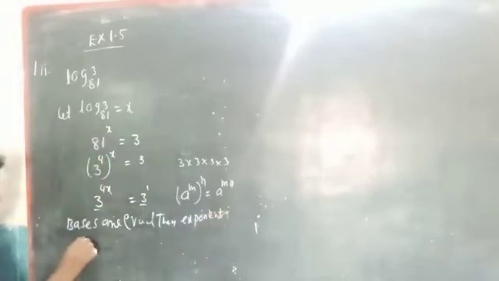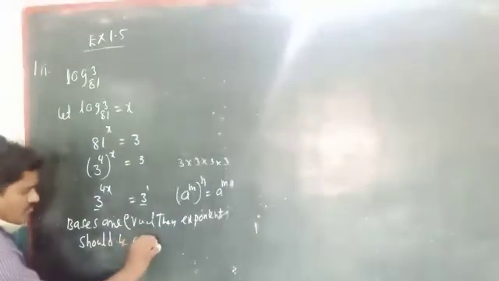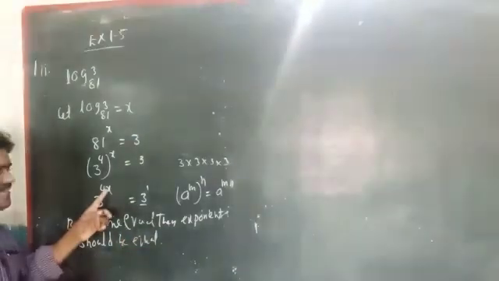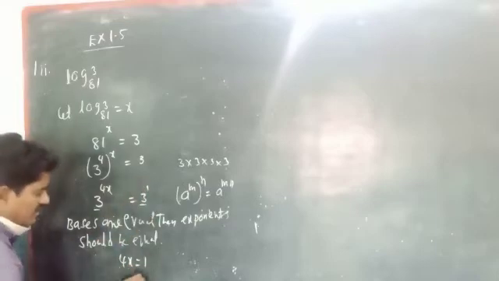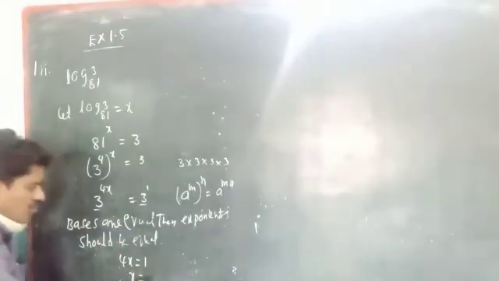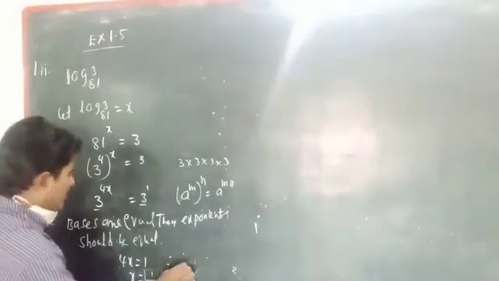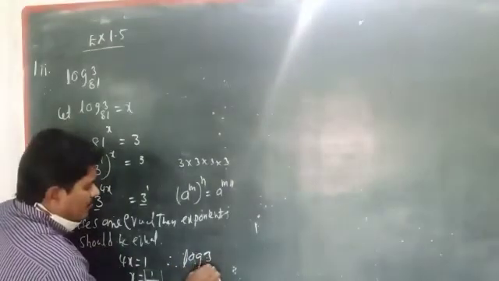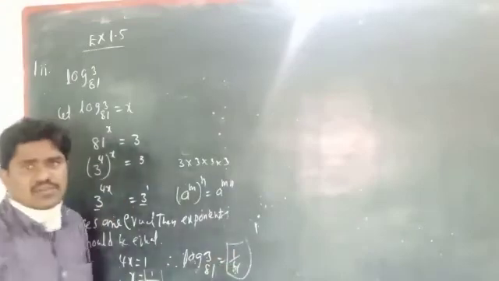So 4x is equal to 1. That is x is equal to how much, Rana? 1 by 4. Therefore, log 3 base 81 is equal to 1 by 4.